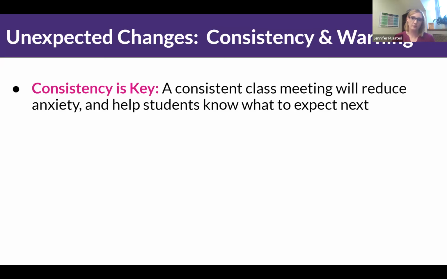There may be a format that would make sense, but that could be a similar format from week to week or from class meeting to class meeting. That will really reduce a lot of anxiety for students who are neurodivergent, specifically students with autism, because they kind of know what to expect next.